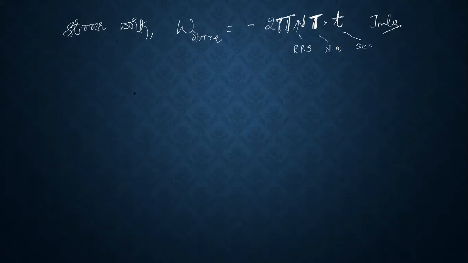Therefore, let us substitute: W stirrer is equal to minus 2 pi. N they have given in RPM, that is 400 revolution per minute. To convert into seconds, I will divide it by 60. Torque they have given is 1 Newton meter.